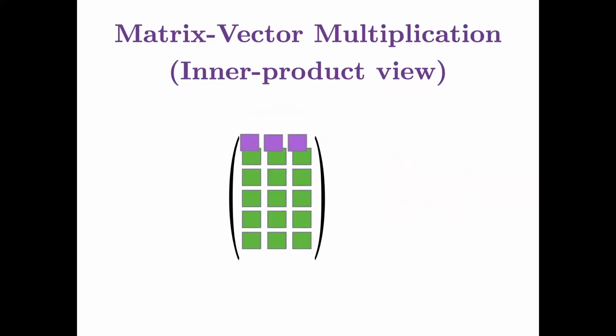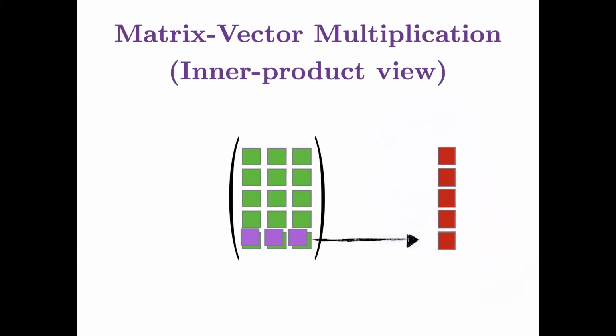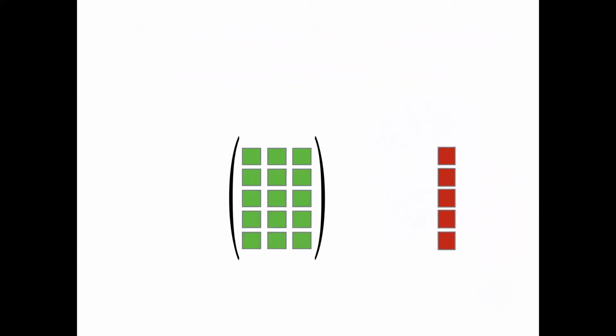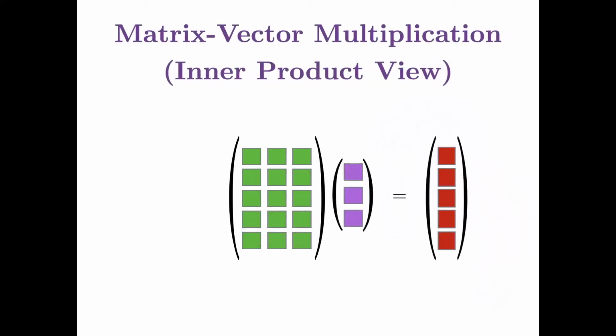And this vector just kind of moves through each row of the matrix, forming inner products at each step. So here, that is multiplication happening element-wise, and addition is the arrow moving across. So there's an inner product here of that purple vector with every row of the matrix, making the result a vector that has the same number of rows as the green matrix.